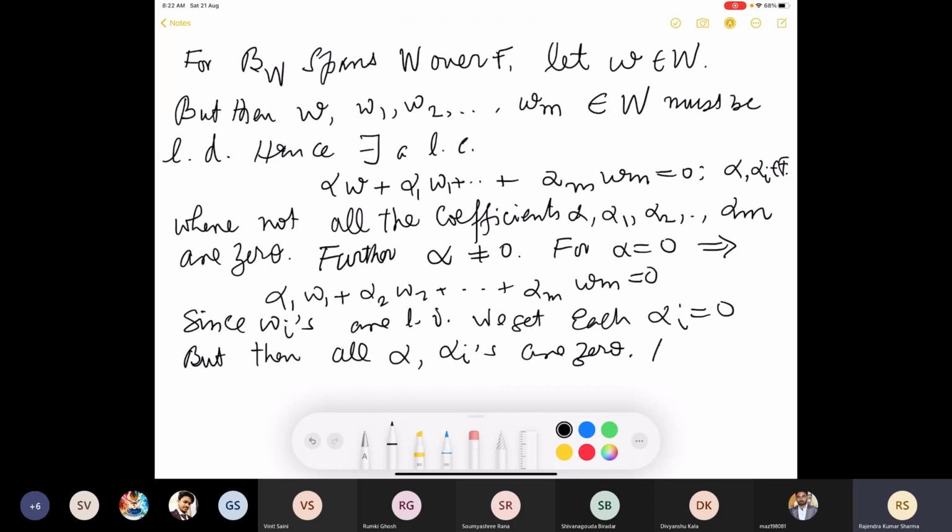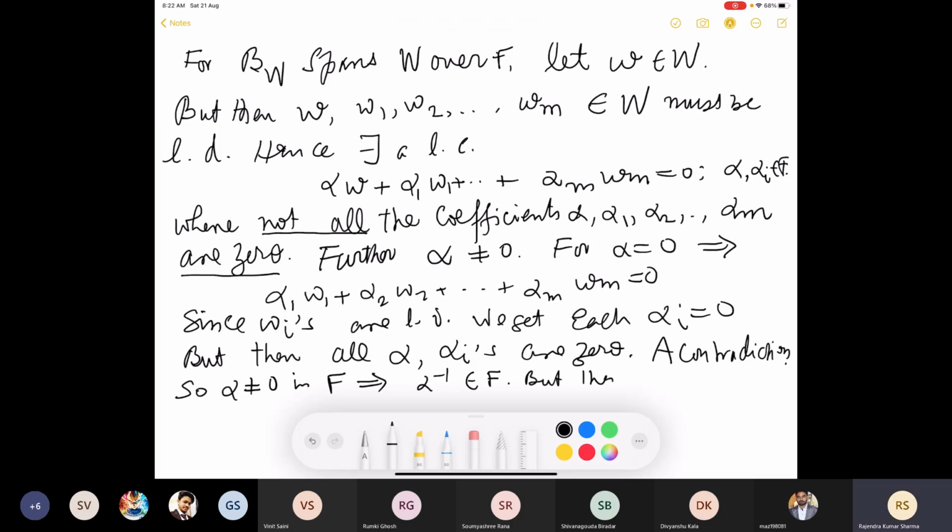And this is a contradiction, because we have assumed that not all are 0. So that means that alpha is not 0. So alpha is not 0 in F. This implies that alpha inverse exists in F.